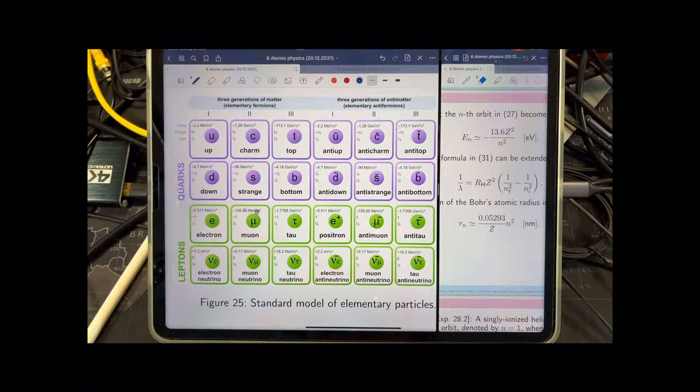Muon also has a zero charge version, which is called muon neutrino. Muon neutrino has no charge. It corresponds to muon, but it has no charge. The mass of muon neutrino is very, very small, less than muon.